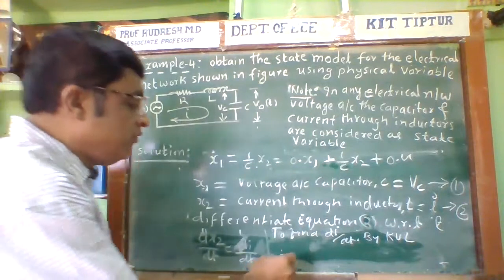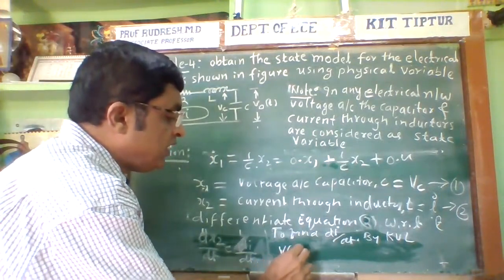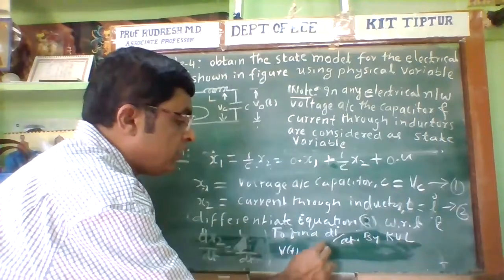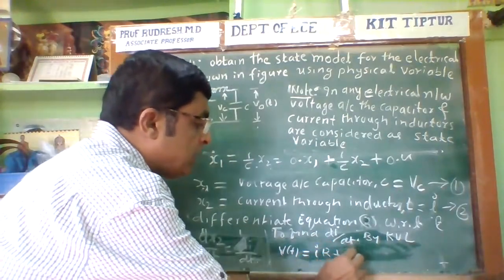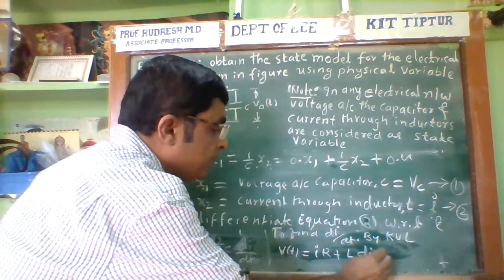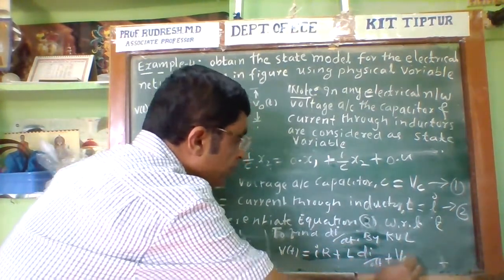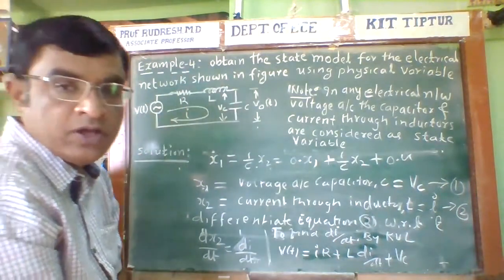What is the KVL? Vt is equal to I into R plus L into di by dt plus Vc, the voltage across the capacitor.